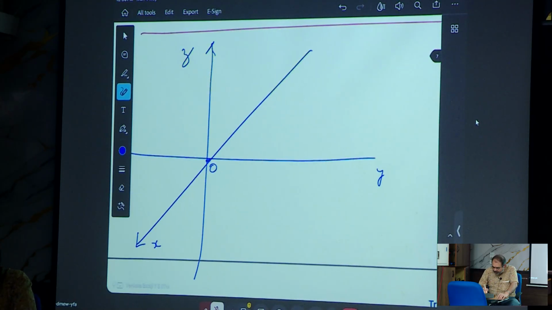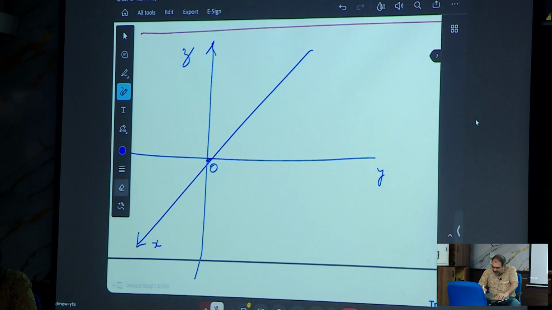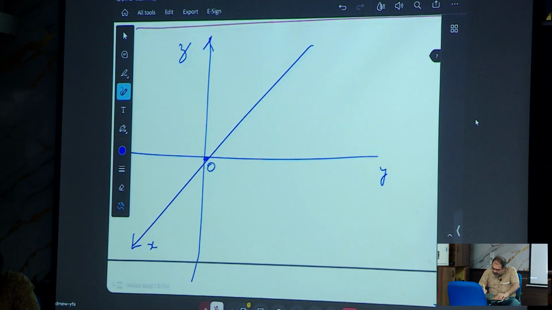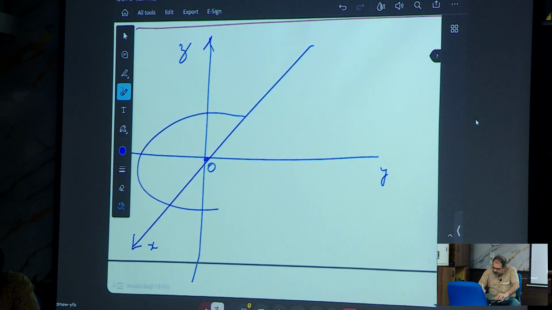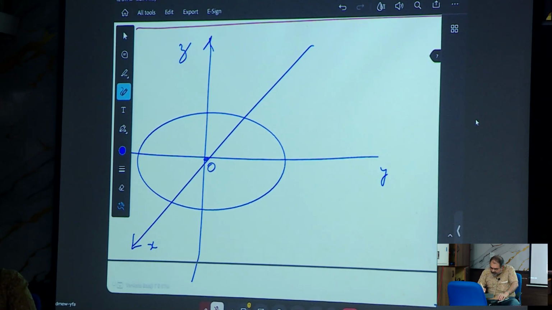What I'm going to do is draw a unit sphere here, a unit sphere centered at the origin. So this is one, this is one, this is one, and this is also one.